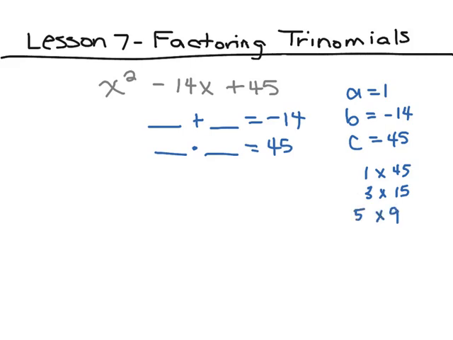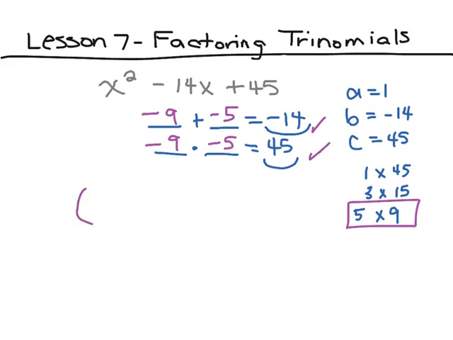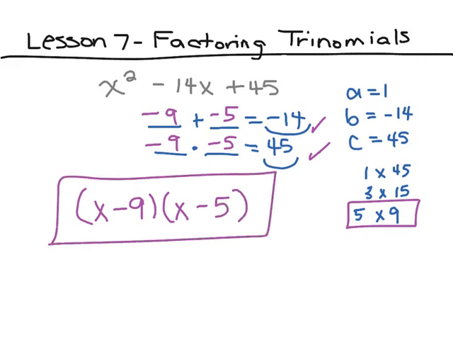Because this is a positive and this is a negative, we know that our answers have to be both negatives, because a negative and a negative make a positive. If you take 9 and add 5, you get 14. So negative 9 plus negative 5 is negative 14. So there are our two numbers. It works for both. So we have x subtract 9 and x subtract 5. And this is our factored polynomial.